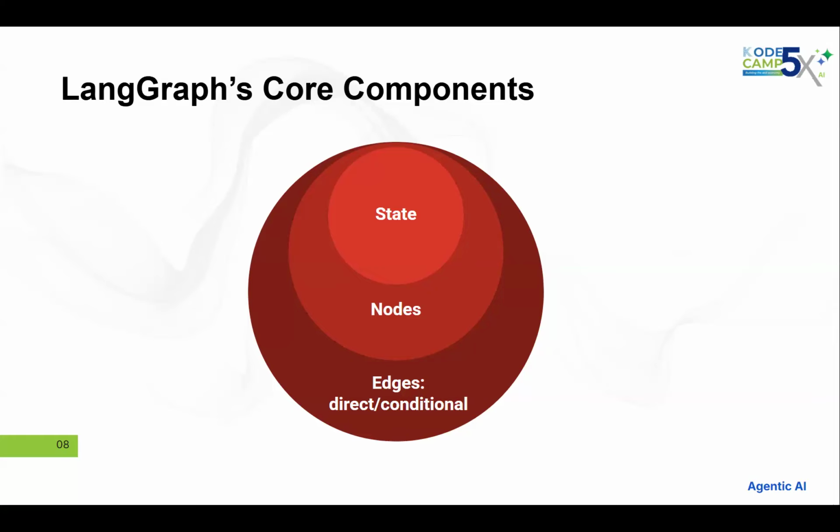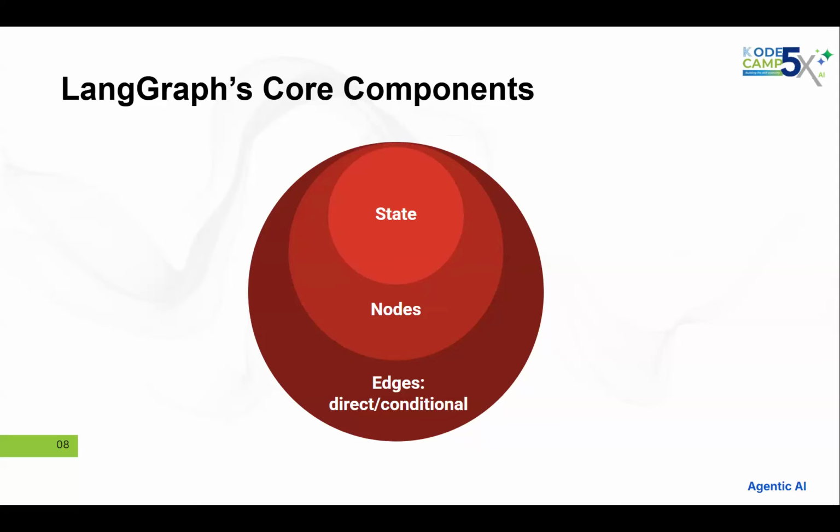Apart from state, another component is nodes. The nodes refer to the components that actually take action in the agent. Action in this case is not just about tools. Yeah, tools are nodes, but the LLMs themselves are also nodes, right?